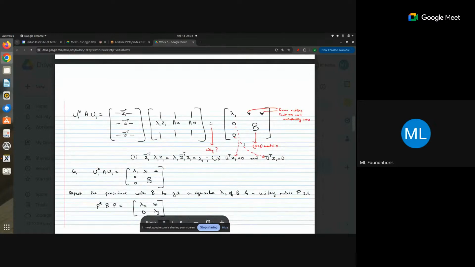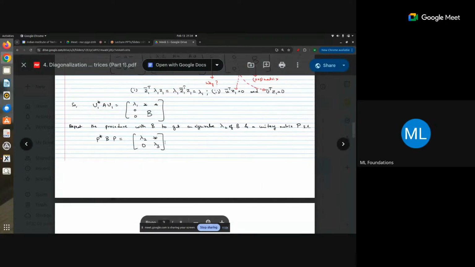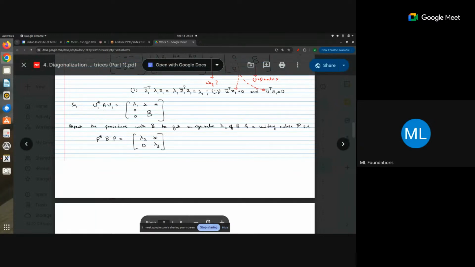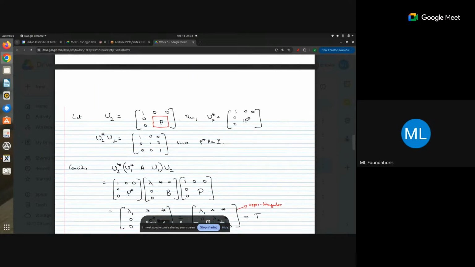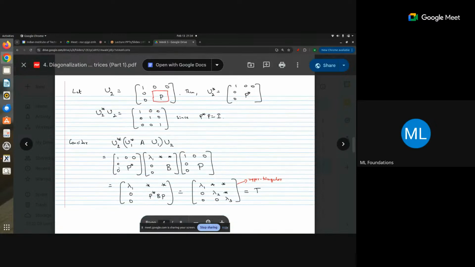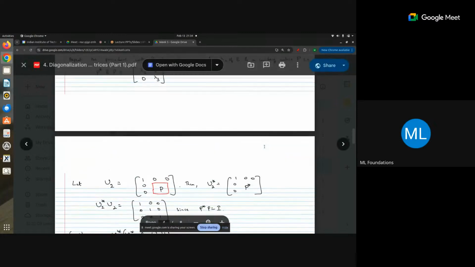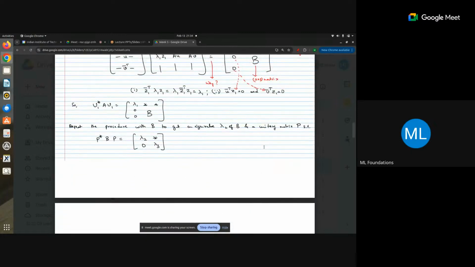We'll see through the numbers, but we follow that procedure again and again and get the unitary matrix P, which gives lambda 2, lambda 3. Doing all this, I'll get the upper triangular matrix. We'll see that through an example.